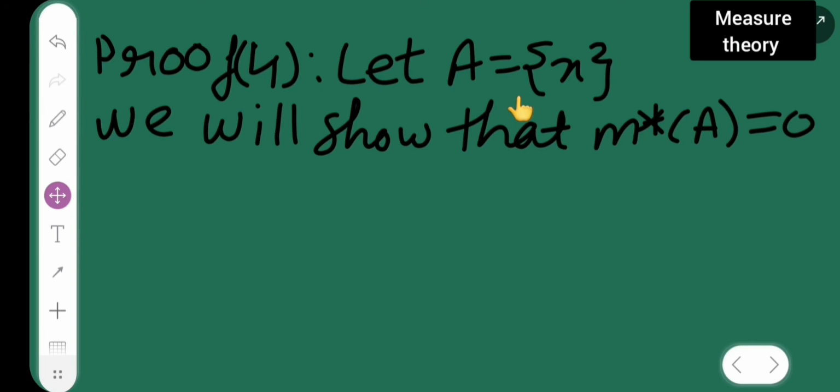Let A be the singleton set {x}. Here x is any real number. We will show that M star of A, the outer measure of A, is equal to 0.